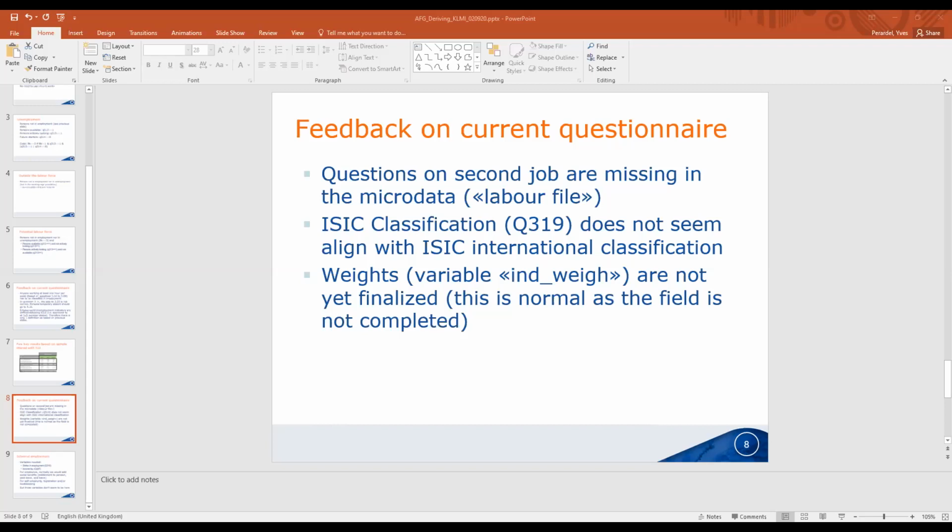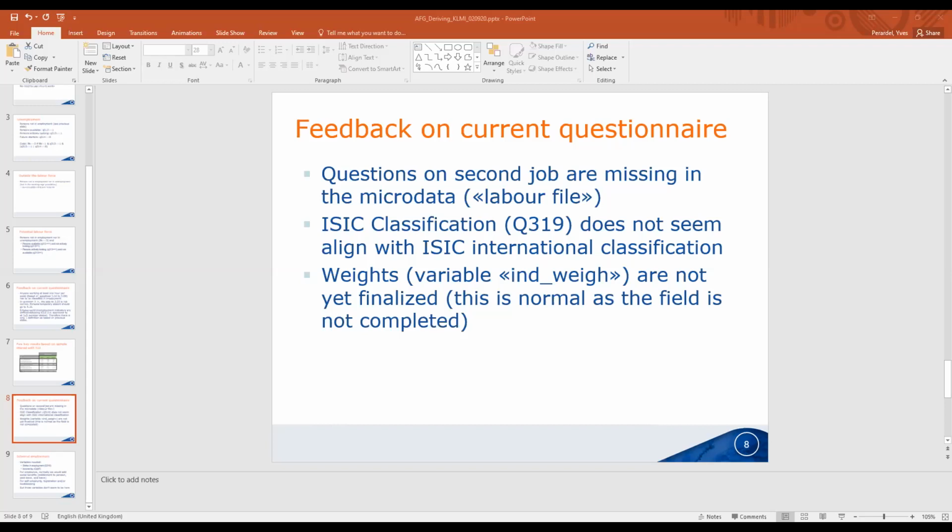Okay. According to the question on the second job, we had the previous survey. We tabulated the second job. Very few people have second jobs, about 0.3%, and all of them were government employees.